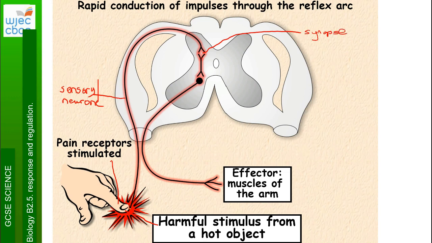I'd also like you to draw a couple of little arrows onto the sensory neuron just to show which direction the impulse is travelling. We're also going to label that this structure is the spinal cord.